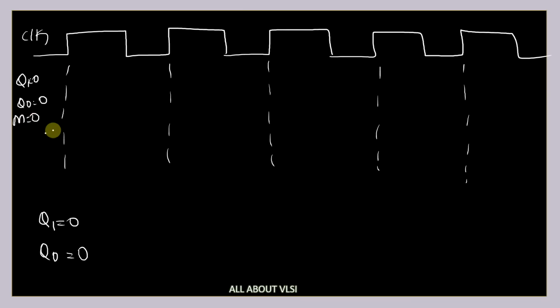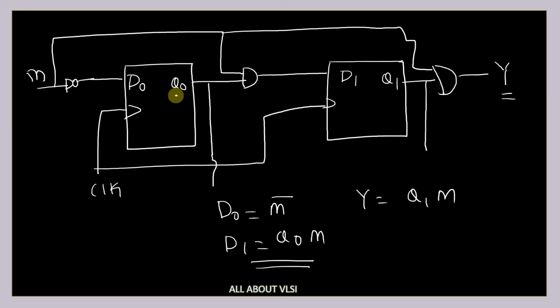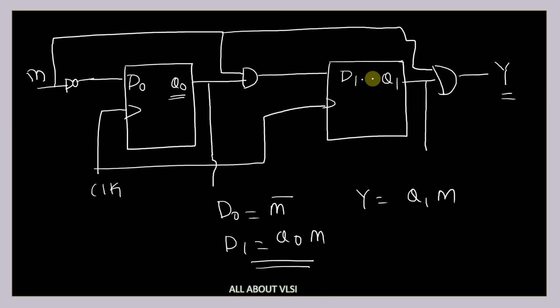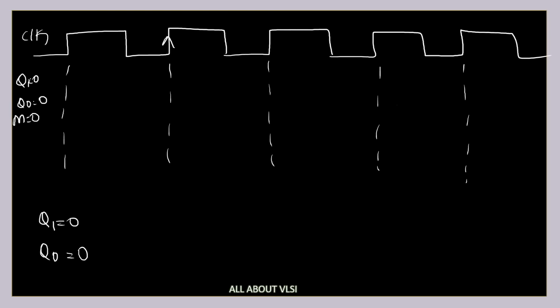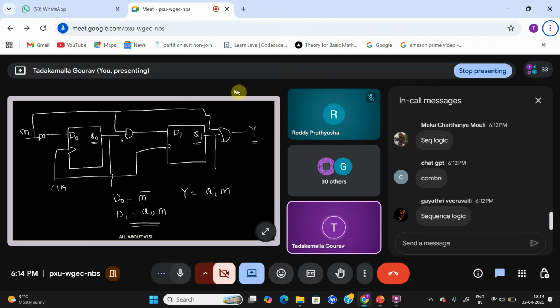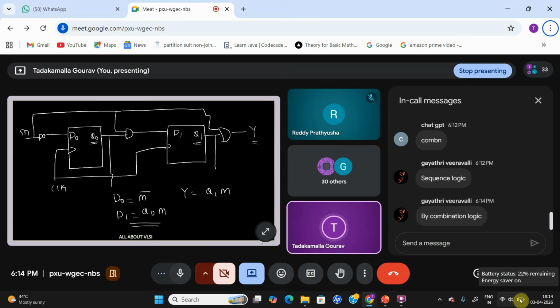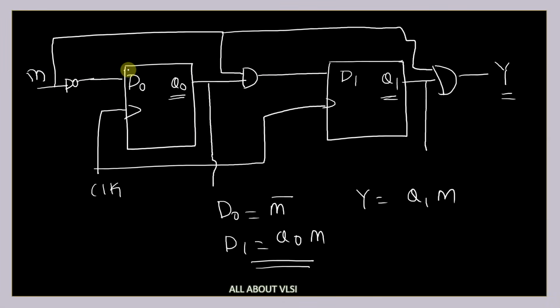Now tell me, what will be my next state at this particular clock edge? What will be my Q0 and what will be my Q1? How am I determining the next values of Q0 and Q1? Which logic am I using, sequential or combinational? You can see over here there is a combinational logic.